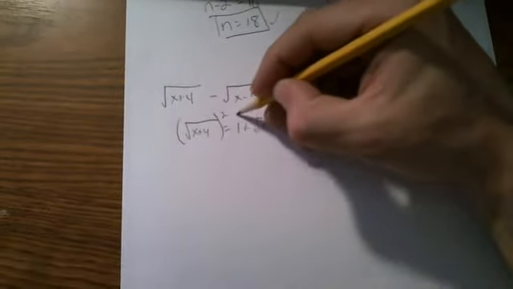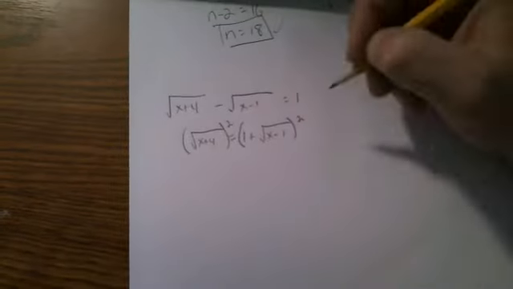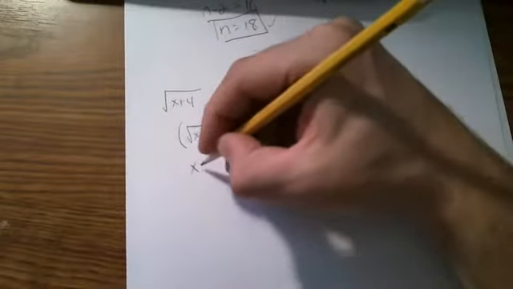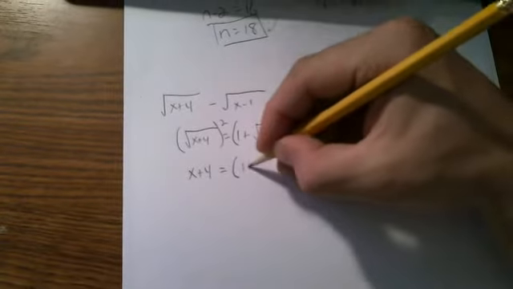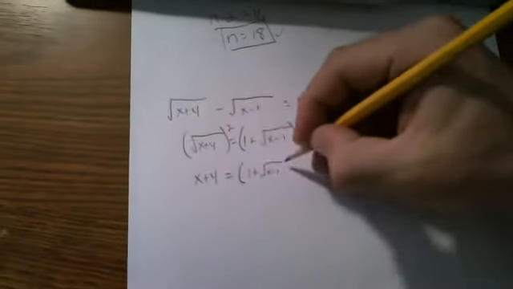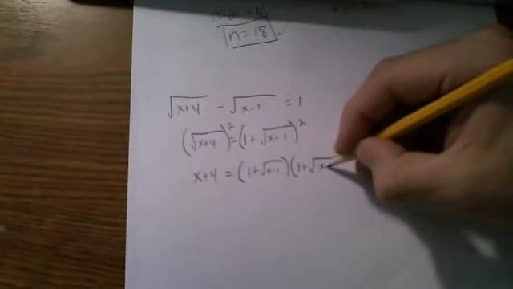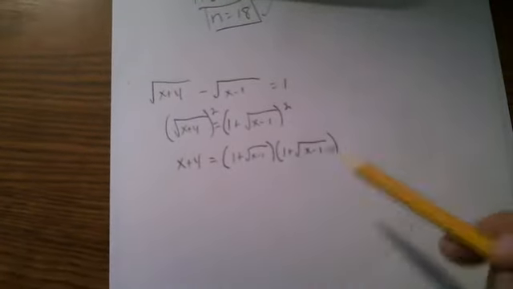Now I'm going to square both sides, but remember I'm squaring the entire side of the equal sign. I know what radical x plus 4 squared is. X plus 4. And to aid in my squaring on this side, I'm going to write it out twice. Now I'm going to FOIL this side out.